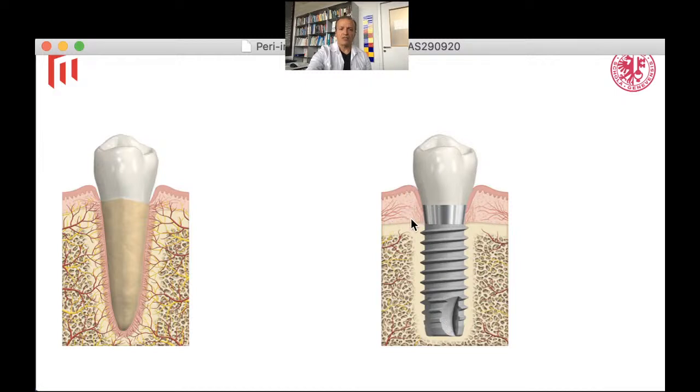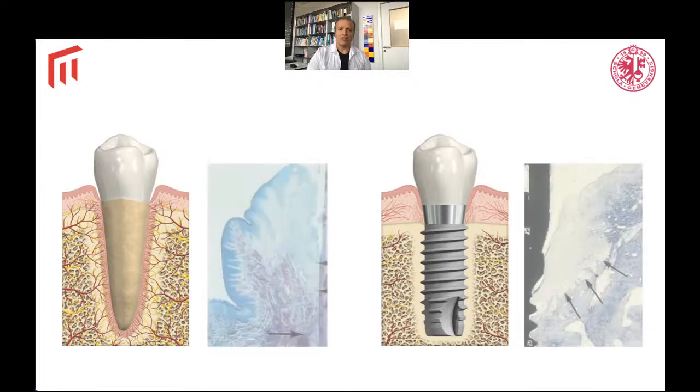We have fewer fibroblasts generating these collagen fibers compared to around teeth, and of course we do not have the periodontal ligament, and that results in the blood supply to the marginal peri-implant tissue being somewhat compromised compared to the marginal periodontal tissues, and that has an impact on the pathogenesis.